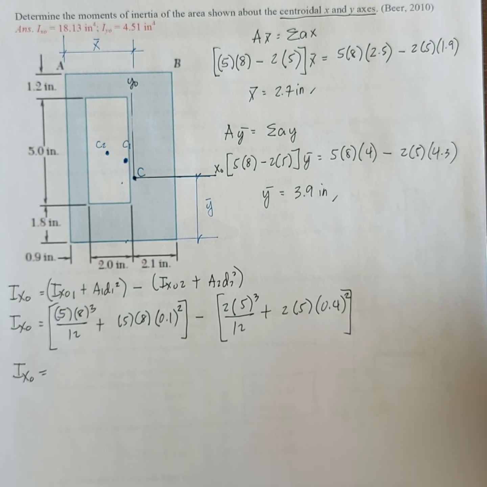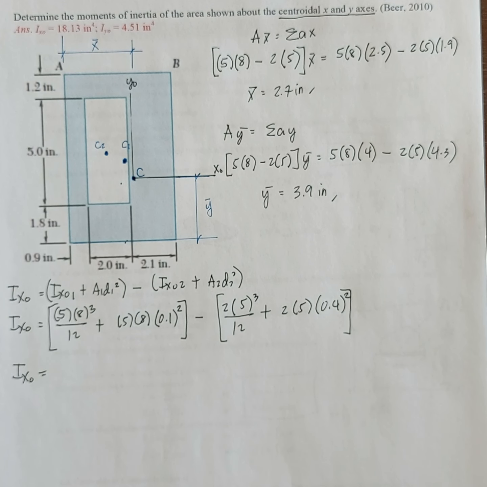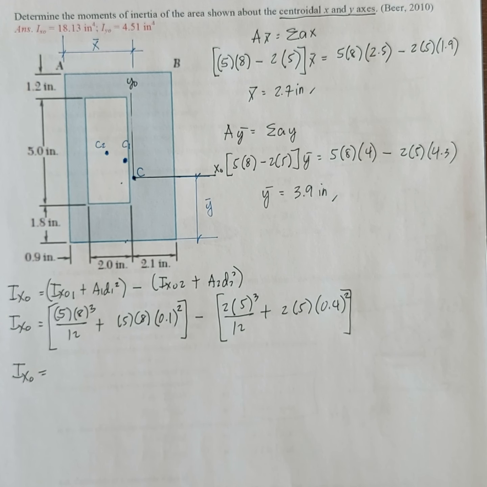Sa design, pag nagkamali ka na ng computation ng moment of inertia, yung siyempre yung succeeding computations mo ay mali na, yung pag-compute ng stresses, so mali na yung mga yun. So yung very important na very careful tayo sa pag solve ng ating mga values. Okay?